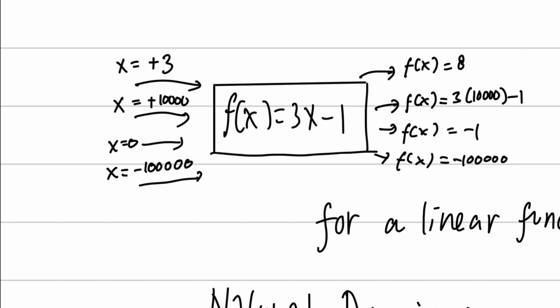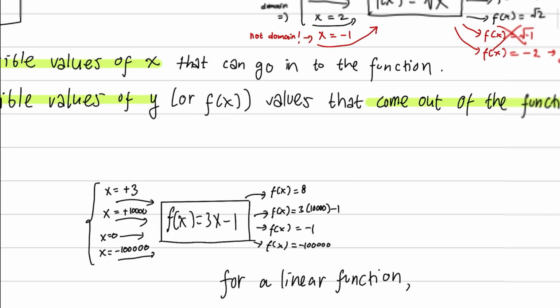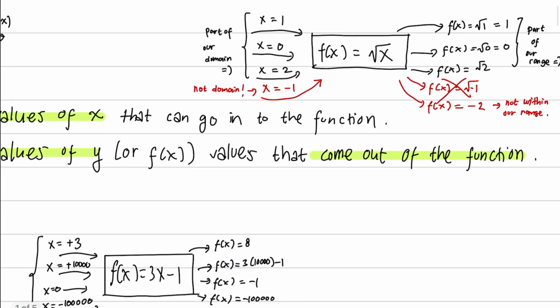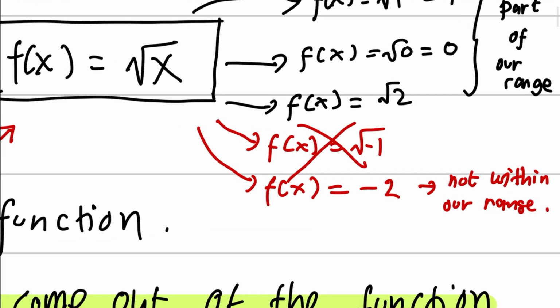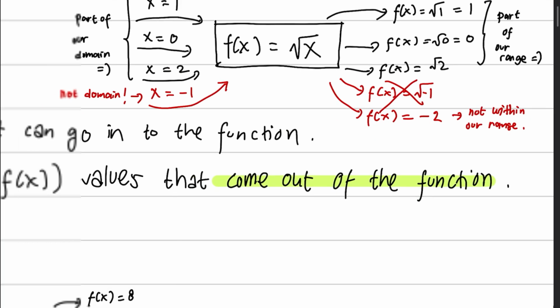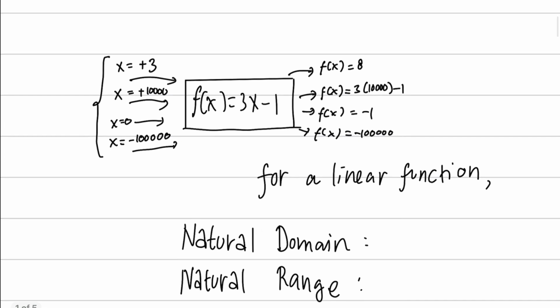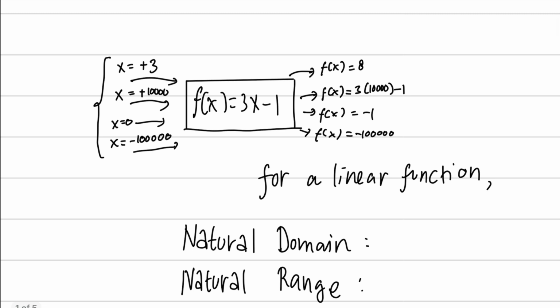So that means no matter how big or how small the value is, we can put that into our function and we will never get an error like before. Before, square root of negative 1 was an error, but we will never get that type of error.